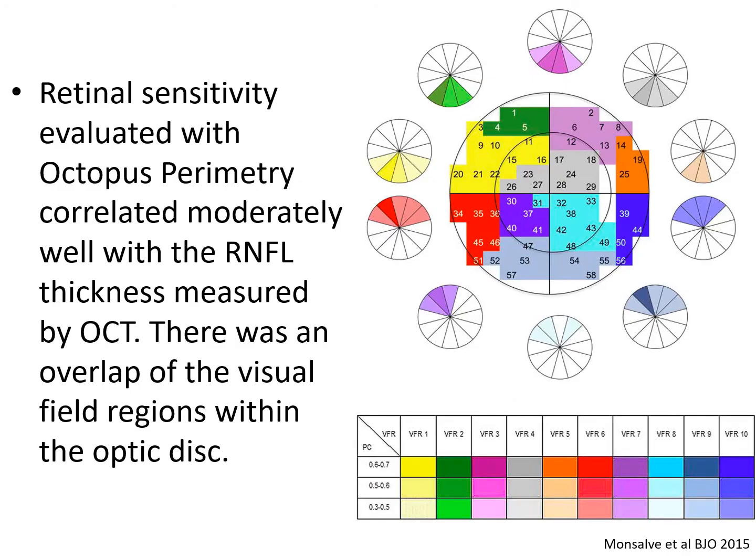And these are the structure and function correlation maps that we obtained. We can observe that, for instance, this area of the optic disc was well correlated with this area of the visual field, and this yellow part with this part of the visual field, and so on for each different sector.